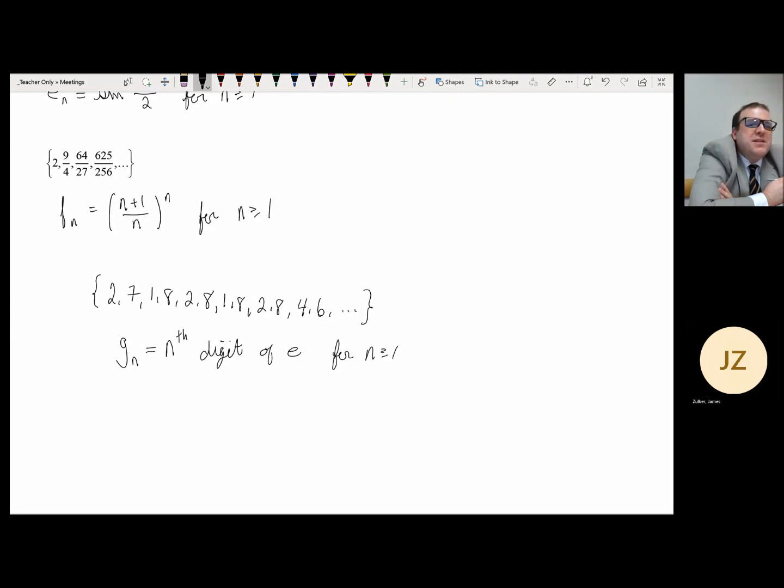Right, so there is no explicit formula for the nth digit of e. But the digits still form a sequence. Same thing with pi. Digits of pi form a sequence.